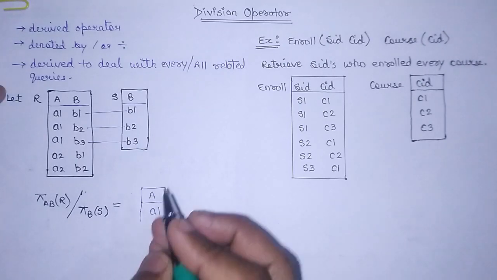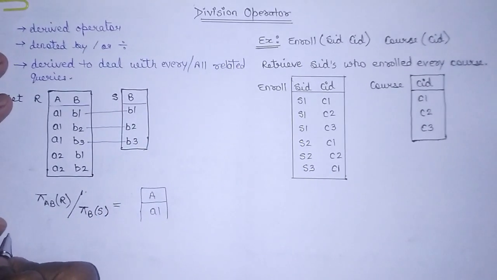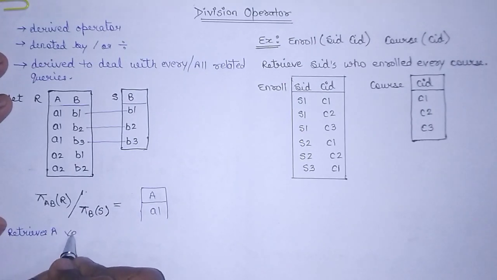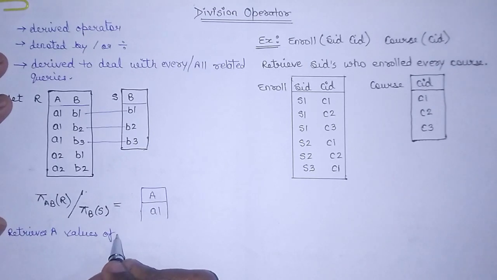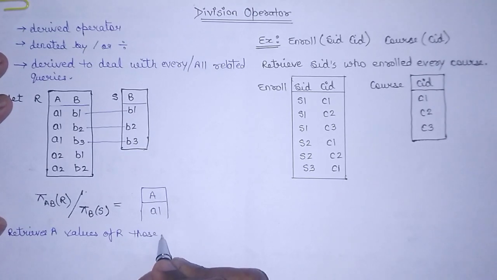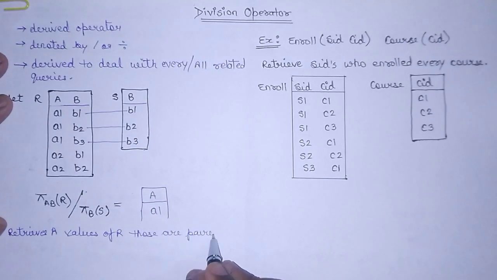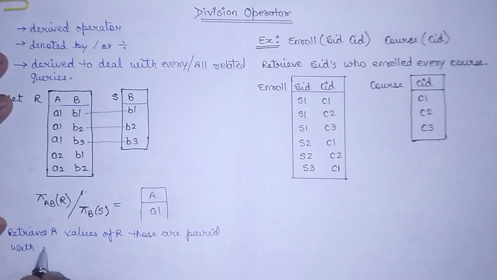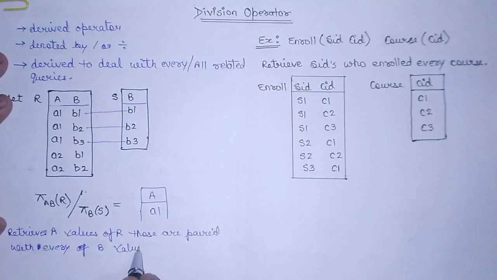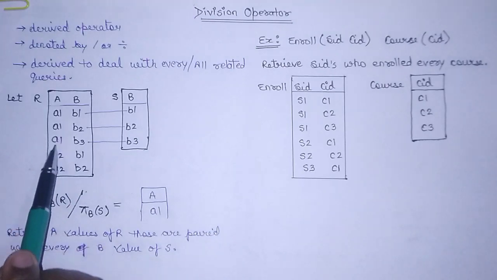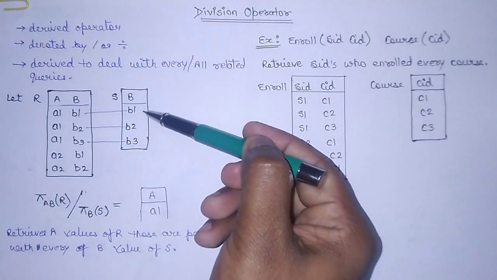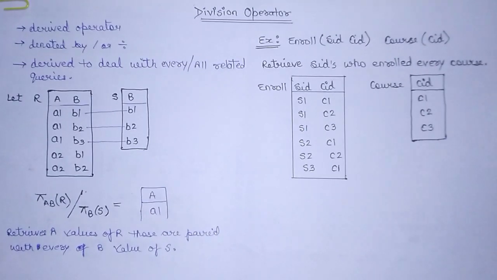We can write it as: it retrieves A values of R that are paired with every B value of relation S. So you can see that it is retrieving the A values of R that are paired with every B value, that means B1, B2, B3. So this is how the division operator works.